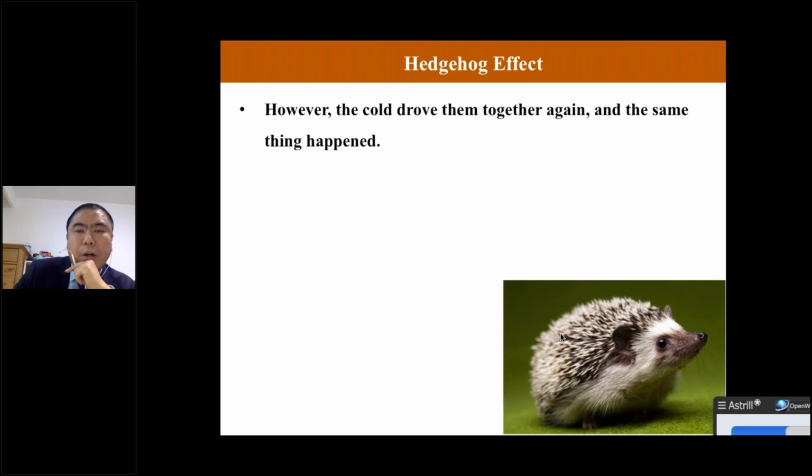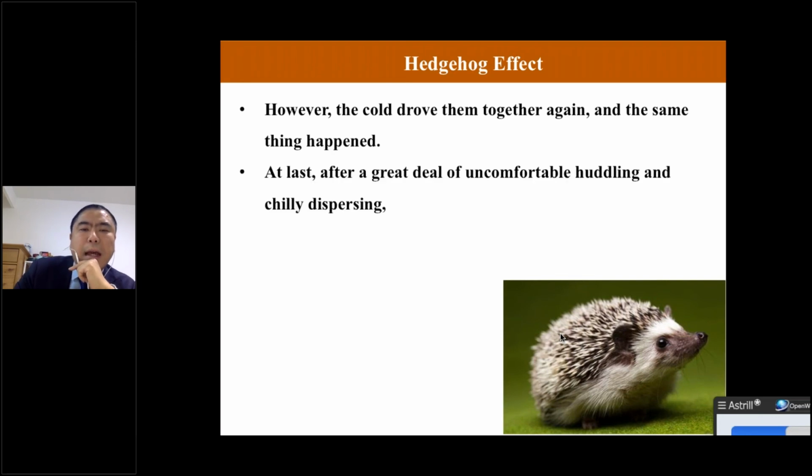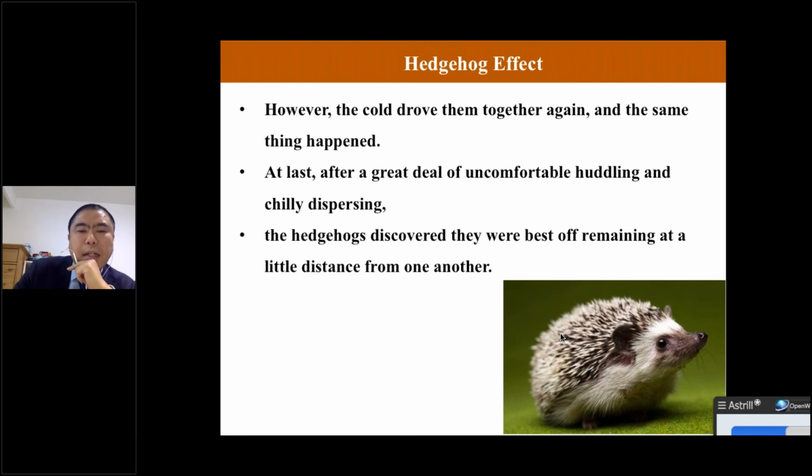However, the cold drew them together again, and the same thing happened. At last, after a great deal of uncomfortable handling and chilly dispersing, the hedgehogs discovered they are best off remaining at a little distance from one another. It is called the hedgehog effect.